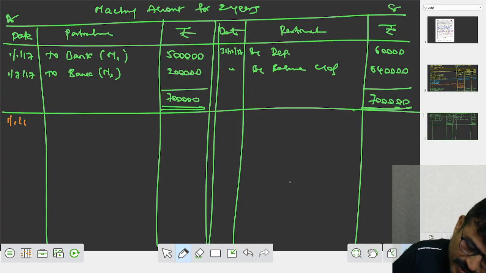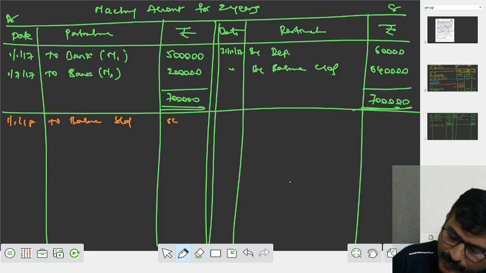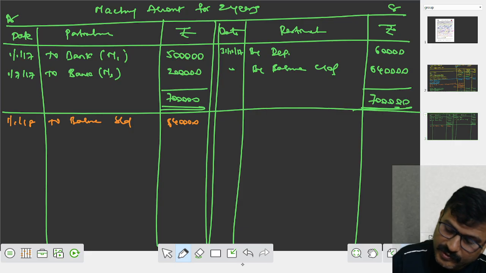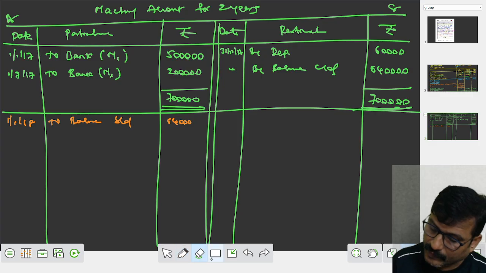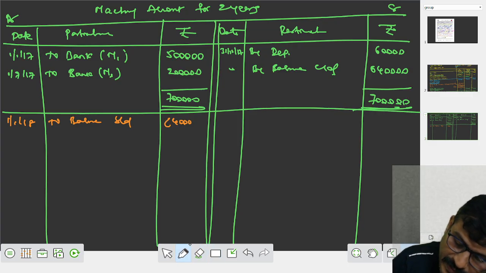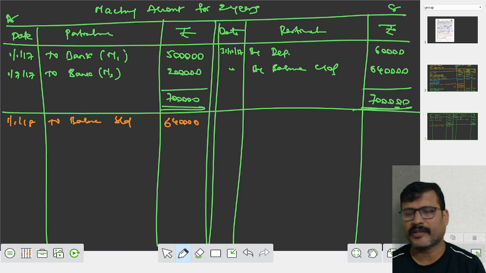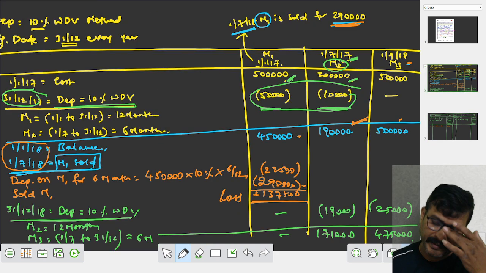Then go for 1st January 18 as to balance brought down. We have a brought down of rupees 6 lakh 40,000. How much is it? It is an amount of rupees 6 lakh 40,000. What happened in the second year?